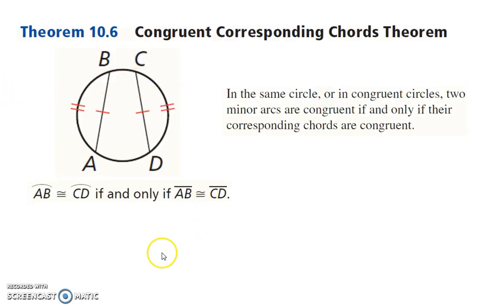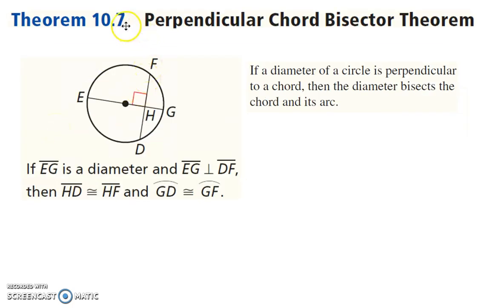All right, we're going to look at a few theorems here because there's some really cool elements of chords. First off, if two chords are congruent, then the arcs that they form are also congruent. If a chord is perpendicular to the diameter, then the parts are congruent, which means it's a perpendicular bisector.